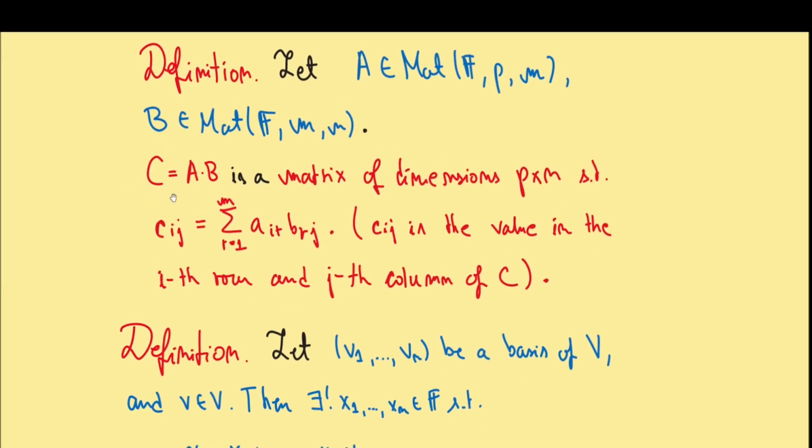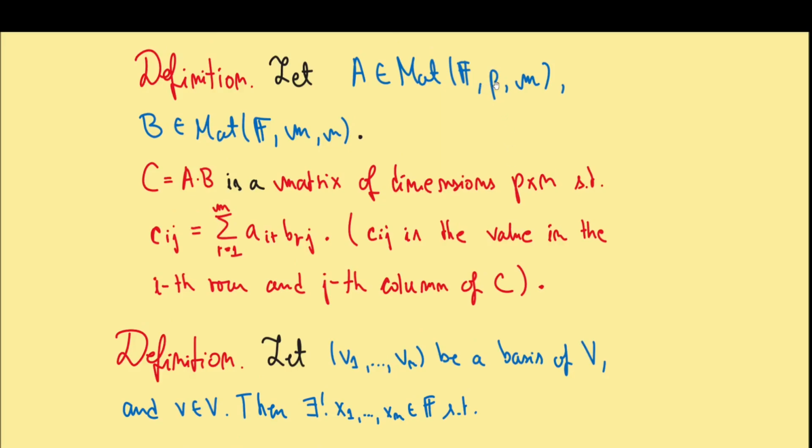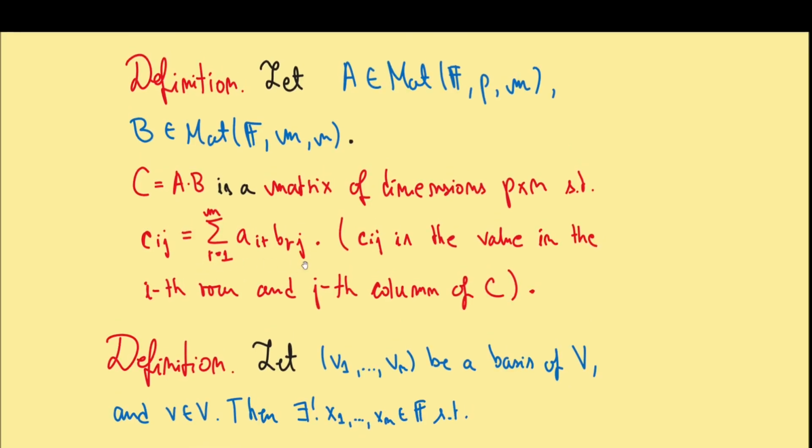And now C, which is the product of these two matrices, is a matrix of dimensions p times n, such that the element located in the ith row and jth column of this matrix C is given by this expression. This is how matrix multiplication is defined.